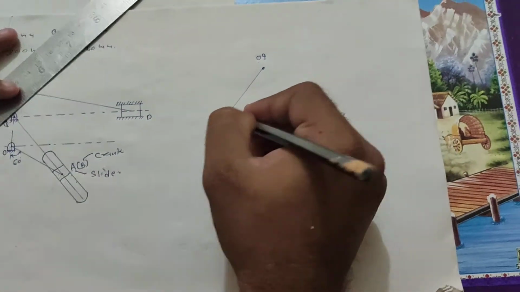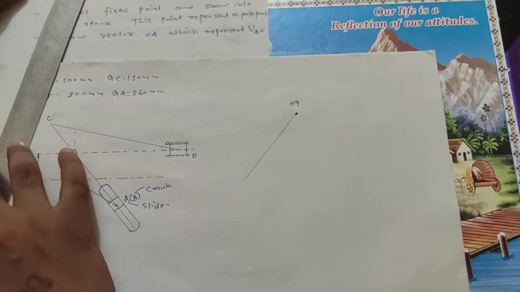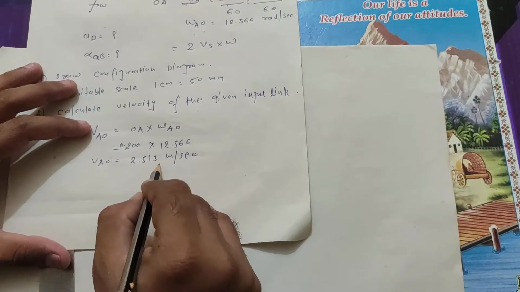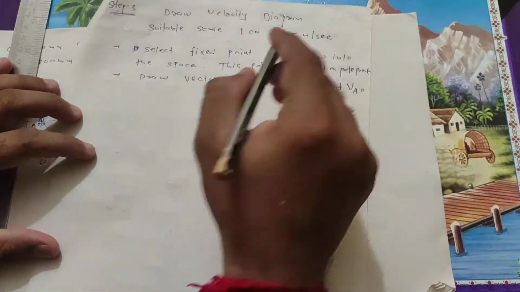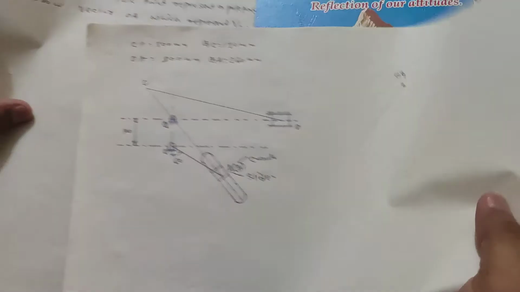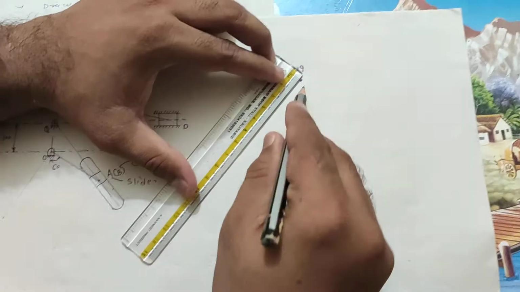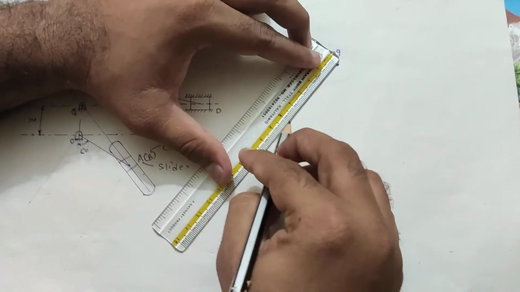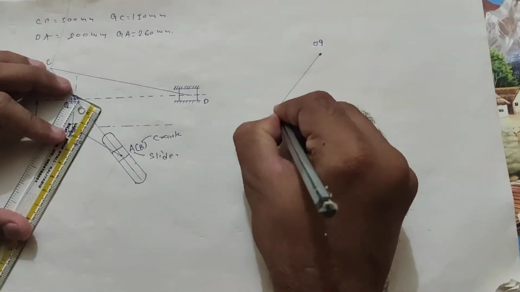We know the velocity of OA, given in the data as 2.513. With the scale of 0.5, it may be represented by 5 centimeters. So we draw 5 centimeters, because 1 centimeter is equal to 0.5, and that value is 2.5. This is our point A.